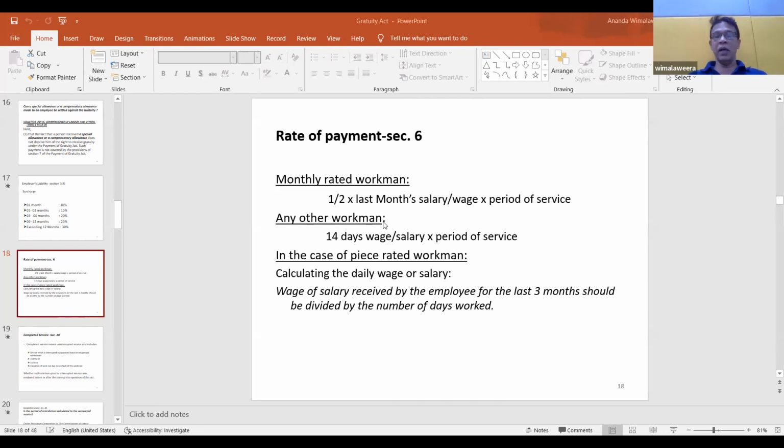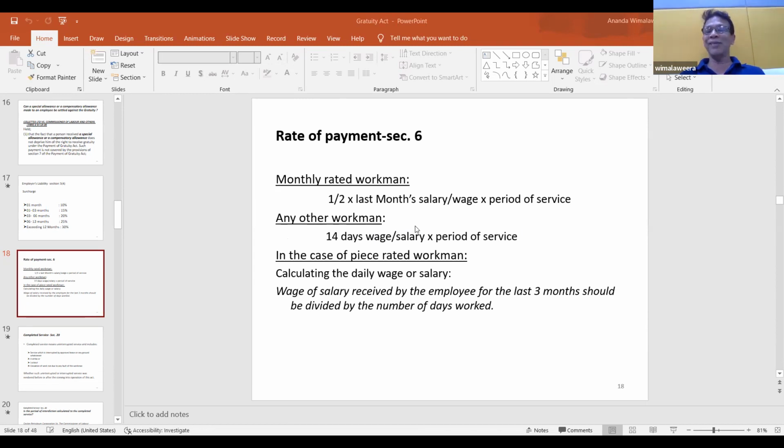Any other workman. I have noticed that a lot of students, though I have repeatedly explained in previous examinations, calculate the first one properly, but the second one they get wrong. This is my formula; I have always given this formula.